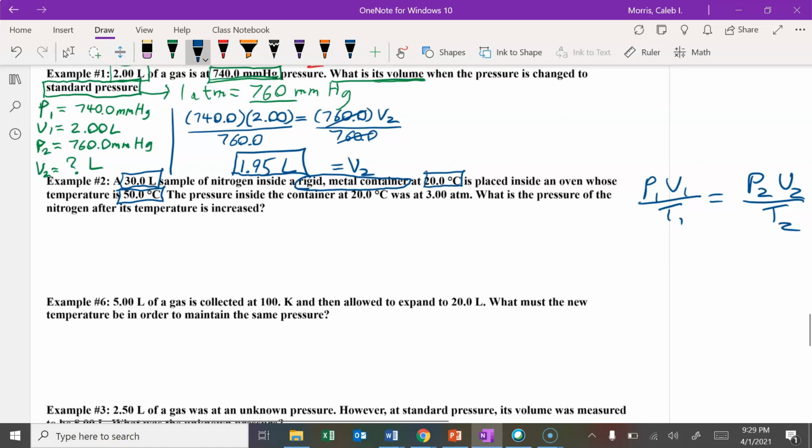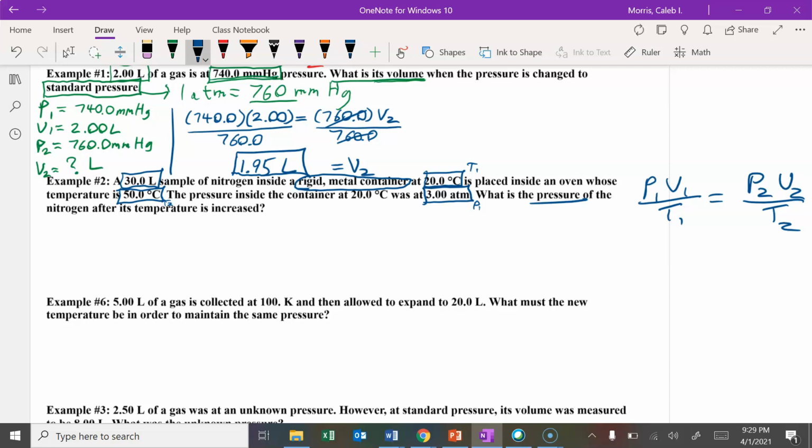The pressure inside the container at 20 is 3.00 atmospheres. So at our original temperature T1, it's 3.00 atmospheres. That's P1. It says, what is the pressure after its temperature is increased to this temperature? The T2 would be 50.0 degrees Celsius.